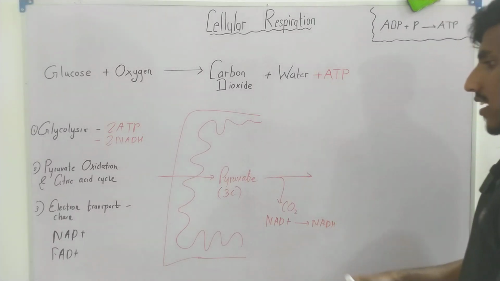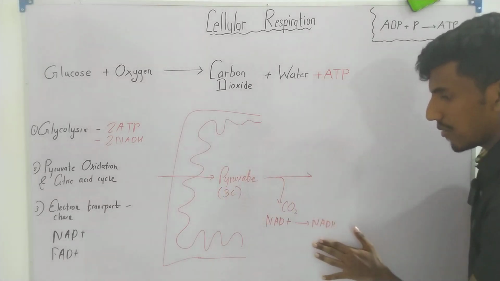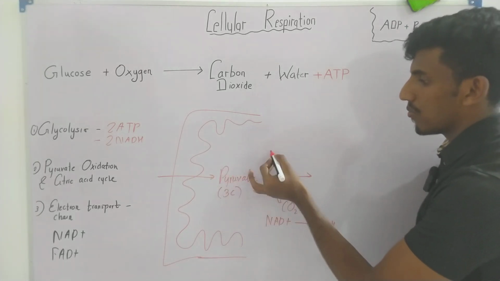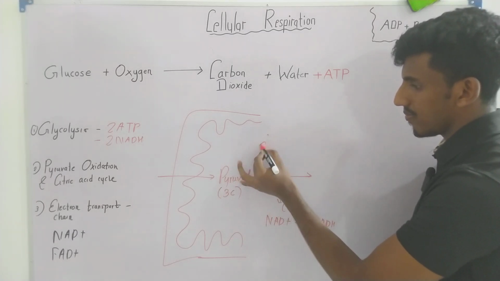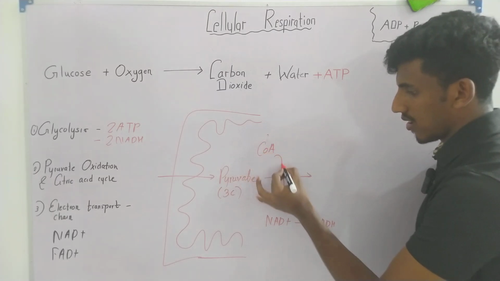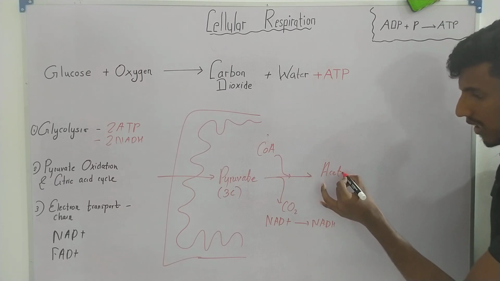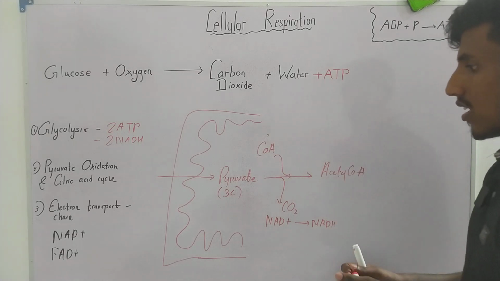Right? Now we have a 2 carbon molecule and electrons accepted by NADH. Now it combines with a compound called coenzyme A, and produces acetyl-CoA. Now this acetyl-CoA is a 2 carbon compound.